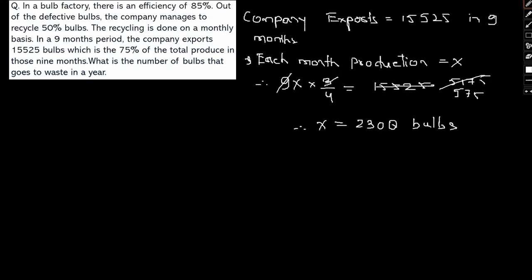Now what else is given? It's given that in the company the efficiency is 85%, so only 85% of this are okay, and what we need to find is what goes to waste.